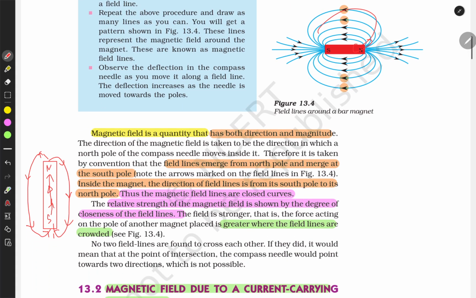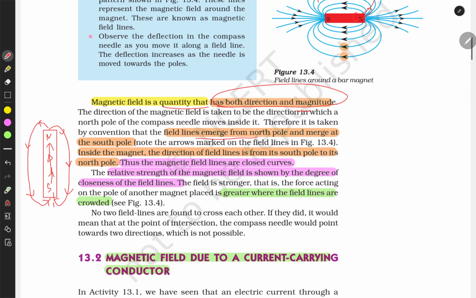A magnetic field is a quantity that has both direction and magnitude. Field lines emerge from the north and merge at the south. Inside the bar magnet, the direction of the field line is from the south pole to the north pole, and thus the magnetic field lines are closed curves.